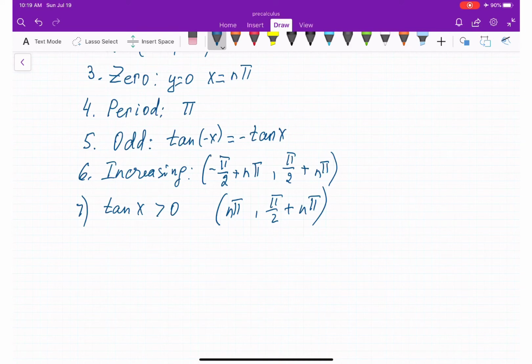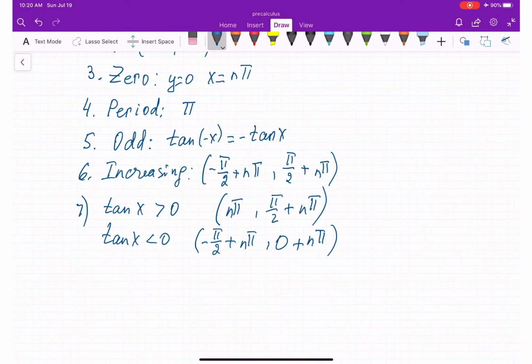Tangent x less than 0. When did we say? From negative half a pi to 0, right? It's going to be negative half a pi. Here is 0. So it's going to repeat every n times pi, plus n pi again.